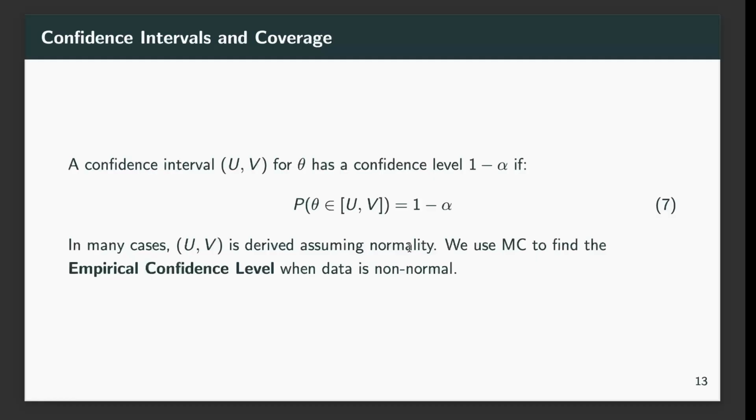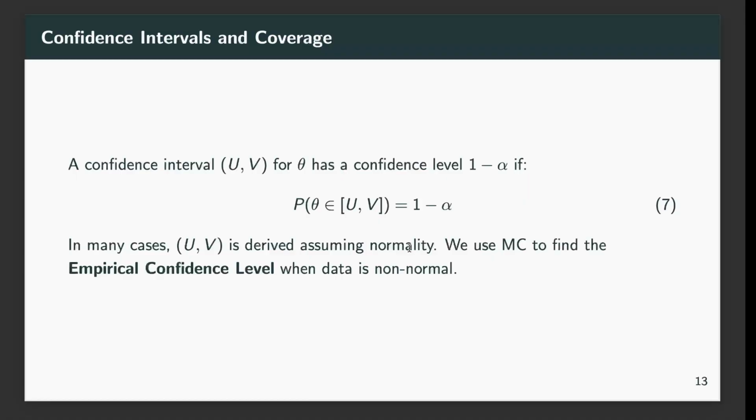Okay, so to answer this, we can use Monte Carlo. We simulate many data sets from a specific distribution which might violate the assumptions of the classical interval, and then we compute the confidence interval for each of the data sets, and check whether the true parameter falls inside each interval.